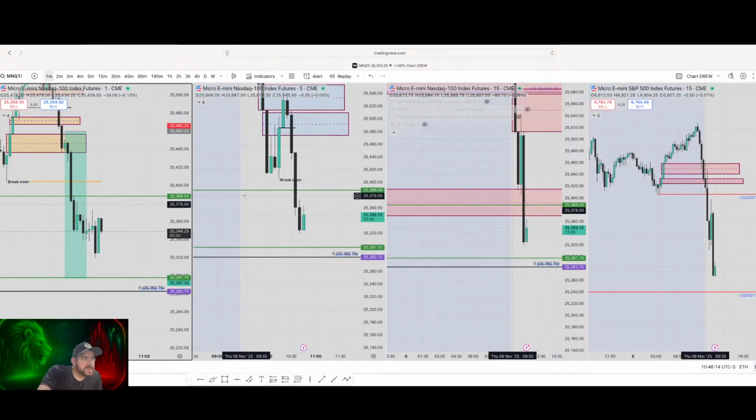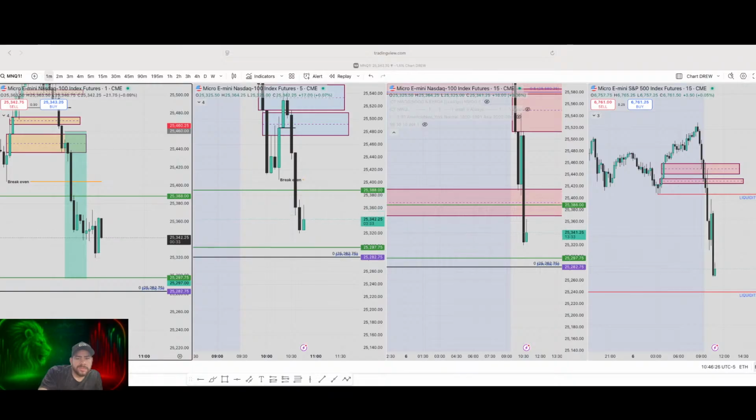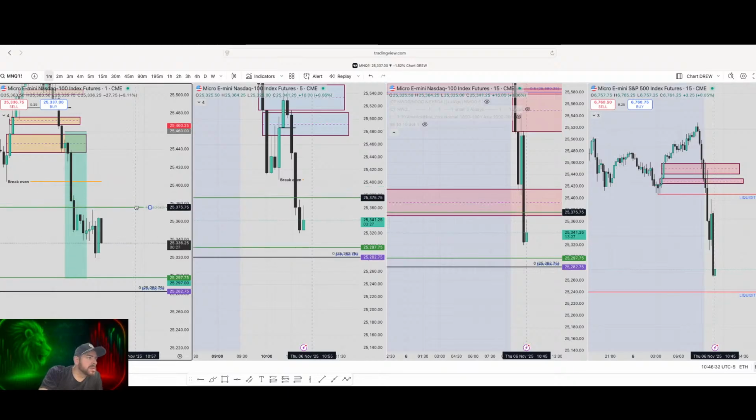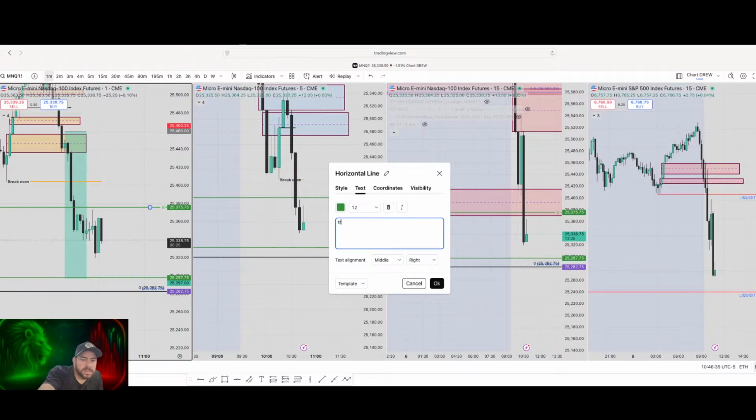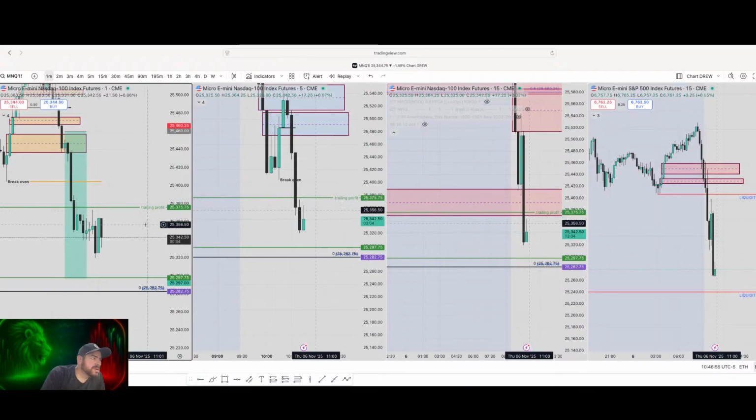Take this liquidity out before we go up and try to retrace into anything. This is my trailing profit right here, trailing stop loss.